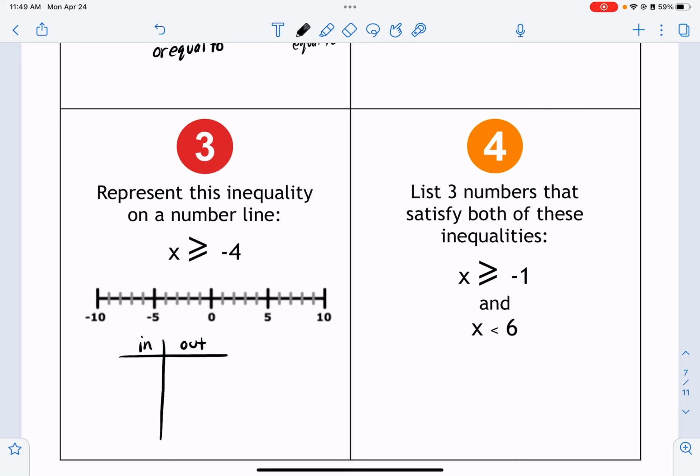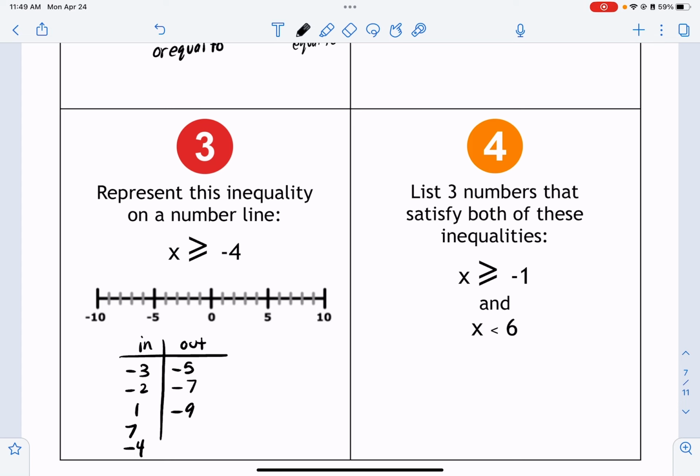Well, the numbers negative 3, negative 2, 1, 7, those are all in, right? Those are greater than or equal to negative 4. Negative 4 is also greater than or equal to negative 4, because it is the equal to part. And what's out? Well, negative 5 is out, negative 7 is out, negative 9 is out. So this helps to visualize what's going on.